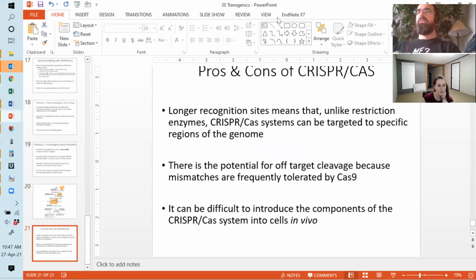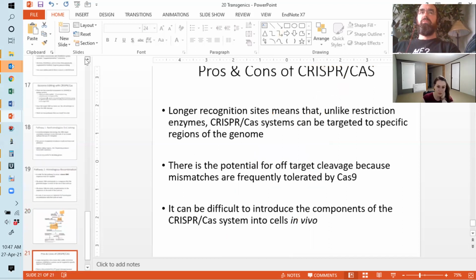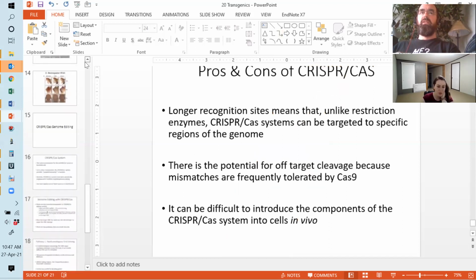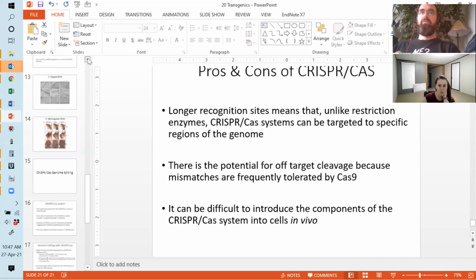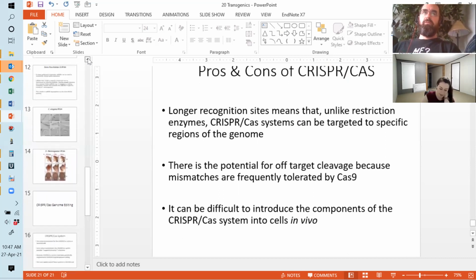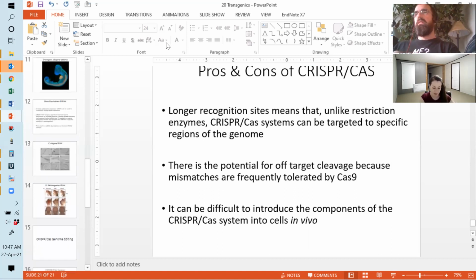And PowerPoints 17 and 18. So what slides is that in here? Slides 11, there you go.